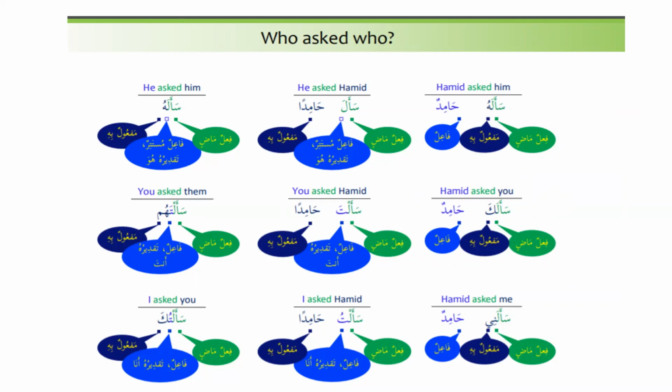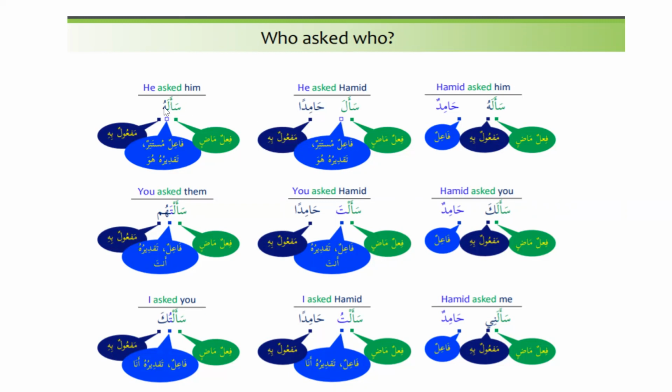So Hamid is the fa'il. Hamid asked him. The same way over here we don't have an outside rafa ism, so the actual fa'il is huwa. Sa'ala, huwa is the actual fa'il. And Hamidan, which is in nasb status, is maf'ul bihi. So here we have a regular outside ism in the nasb status, which is maf'ul bihi. So he asked Hamid.